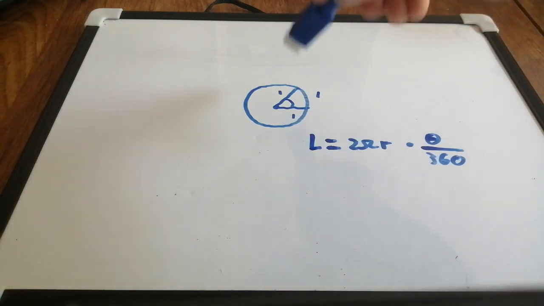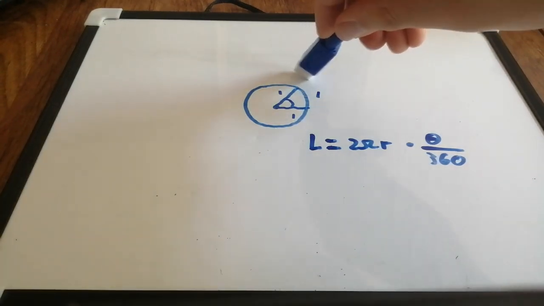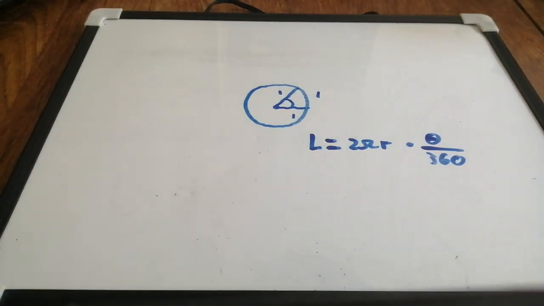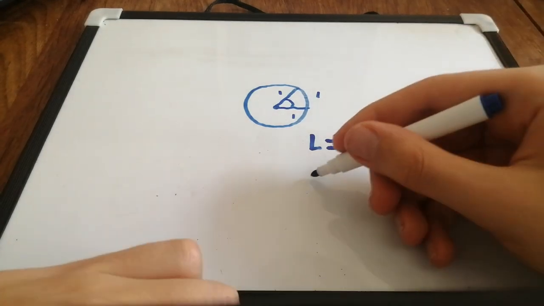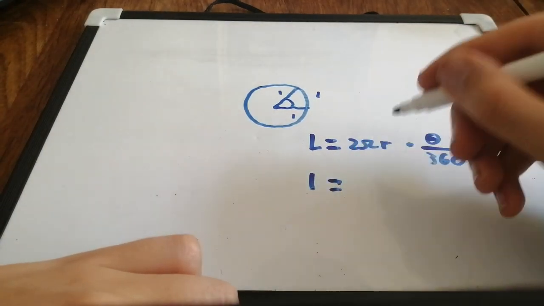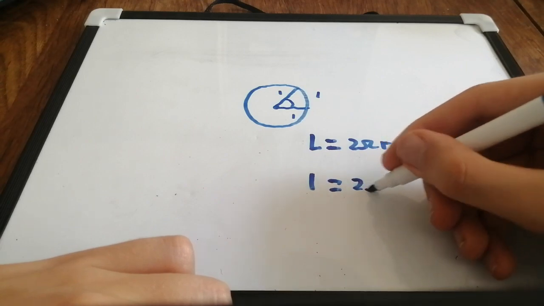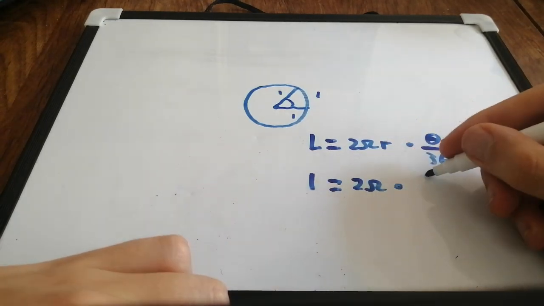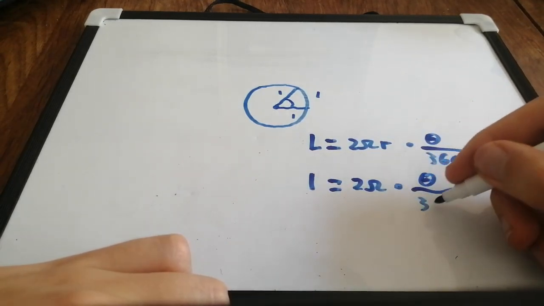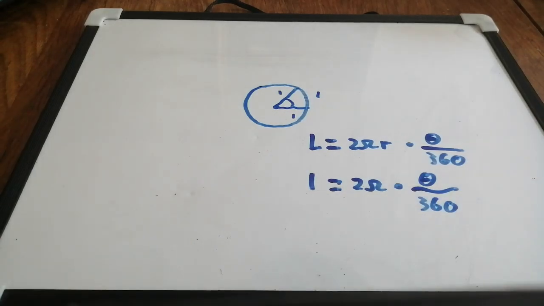Now we know that the arc length is 1 and the radius is 1, so we can actually substitute both of these in to find the angle. So arc length can be 1, and it's going to be equal to 2 pi times 1, which is just 2 pi, multiplied by the angle over 360. And so now we can actually rearrange this to find the angle.